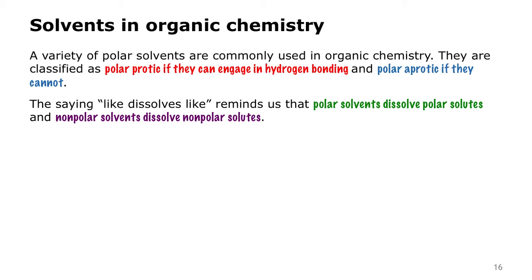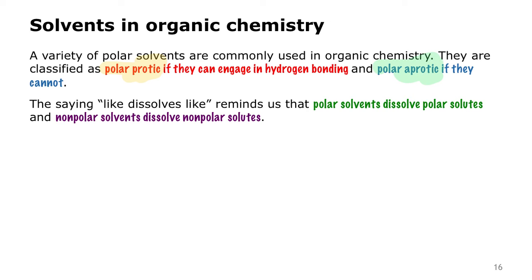A little bit more about solvents. We're going to be dealing with their effects on reactions at various times throughout the course. Broadly speaking, we classify solvents in organic chemistry as either polar protic solvents or polar aprotic solvents.